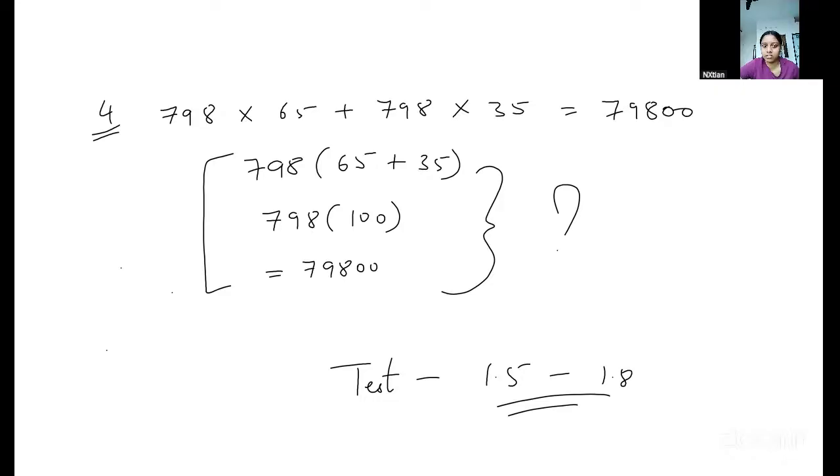Ma'am, I have printed out the book. Can you check 1.5 to 1.8, Emma? It will be easy for me because we already did this at the start. So you will be attempting the test, right? Yes, ma'am. If there is any doubt, Emma, text me and we'll work on it. I will go through the chapter and tell.